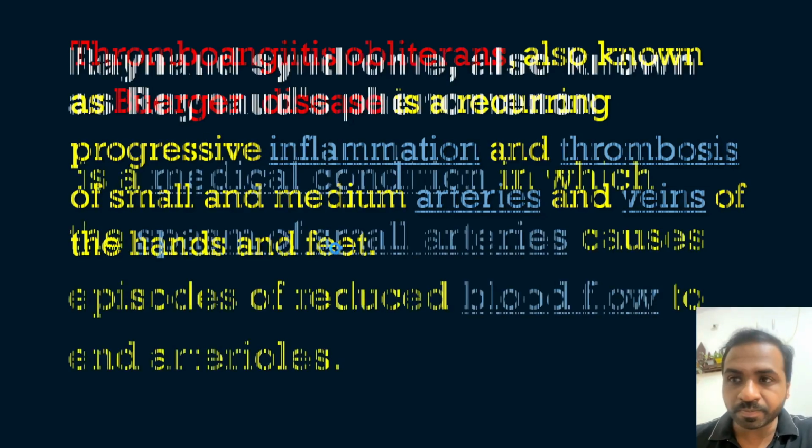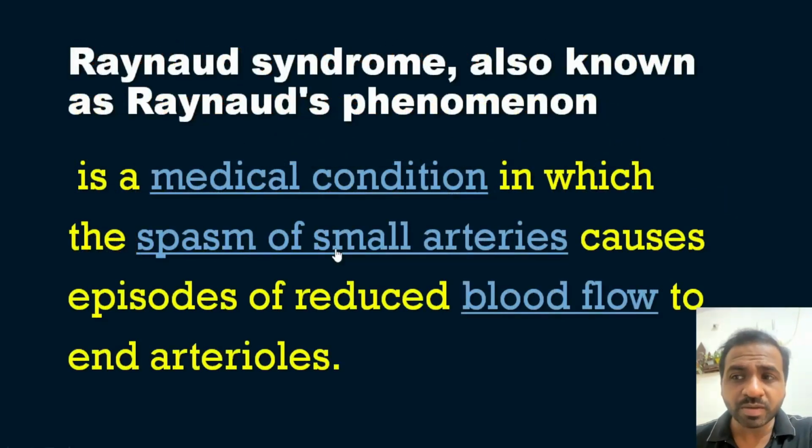So we will see the other options also. One of the other options was Raynaud's syndrome, otherwise known as Raynaud's phenomenon. It is a medical condition in which spasm of the small arteries, not the veins, causes episodes of reduced blood flow to the end arterioles.